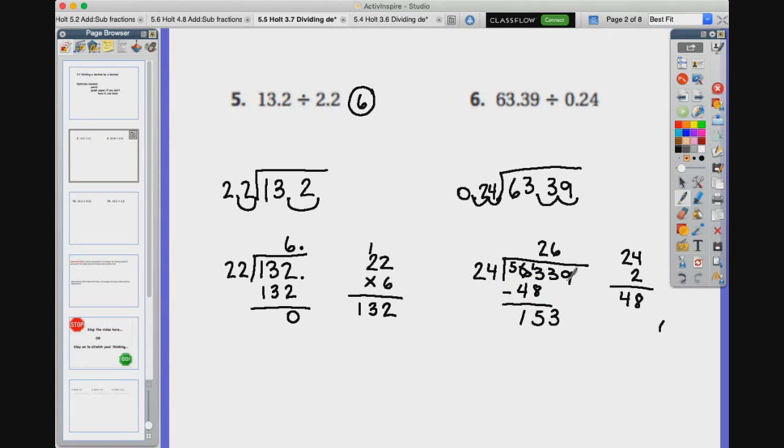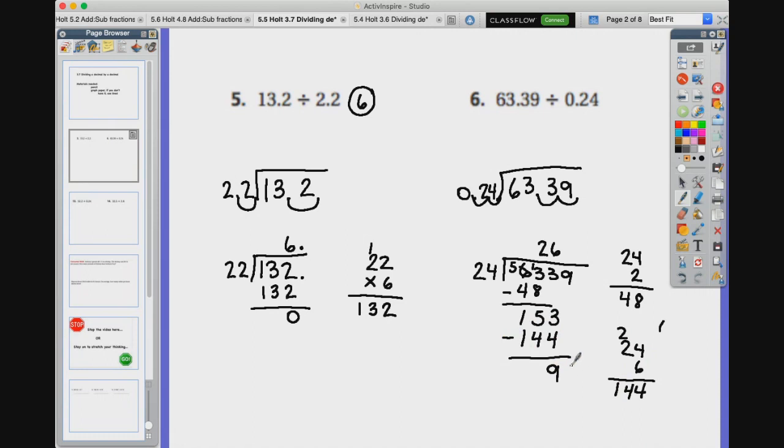So let's try that out. 24 times 6. I multiply. 2 times 6 is 12, plus 2 is 14, so I get 144, and that will work. Subtract. I have 9 left over.